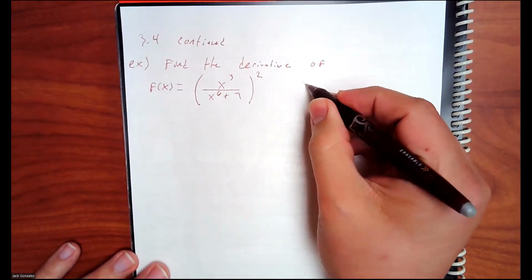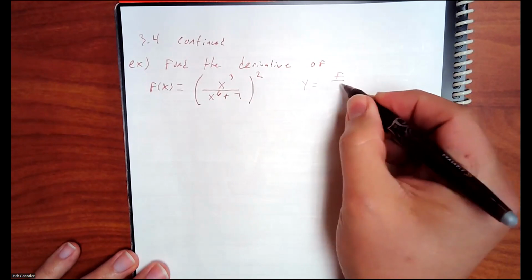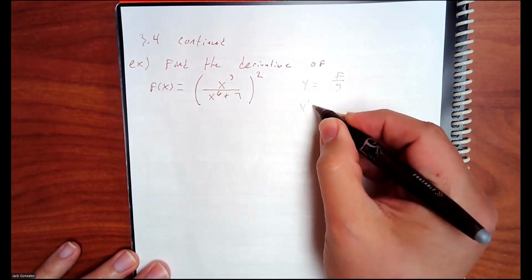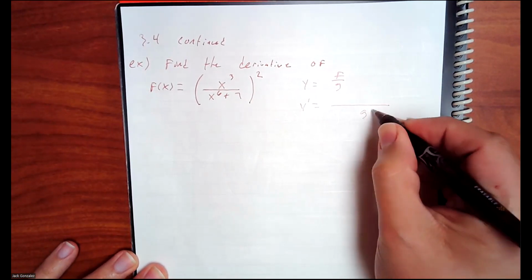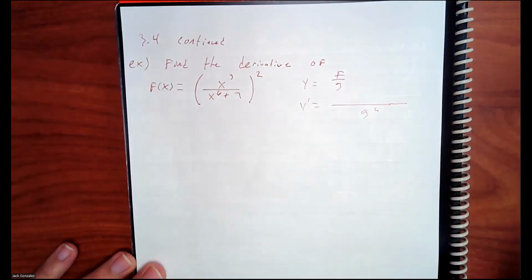Right, we said if y is equal to f over g, what was the quotient rule? g squared on the bottom. I don't remember the top though.